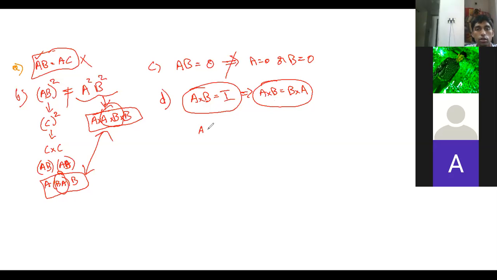Okay, let us multiply both sides with A. Maybe AB into A will be I into A into B. But A is same as A into I. But again the same problem, no?